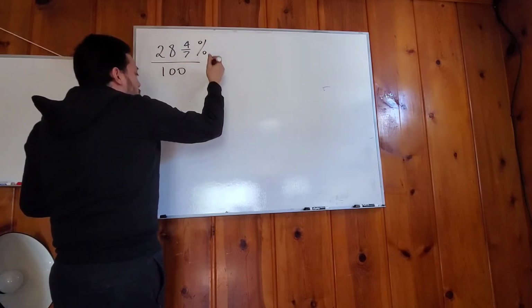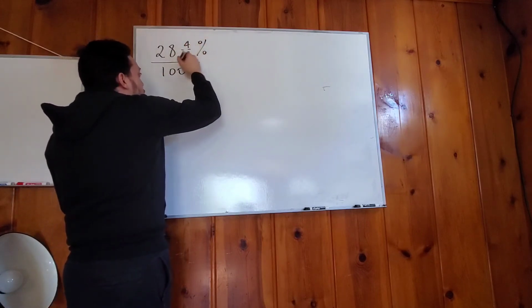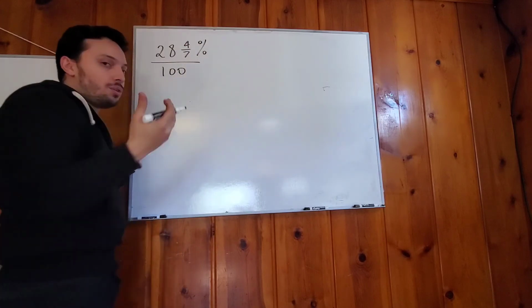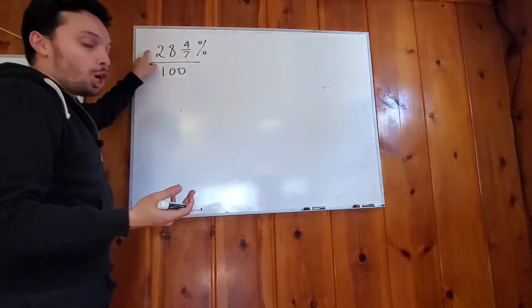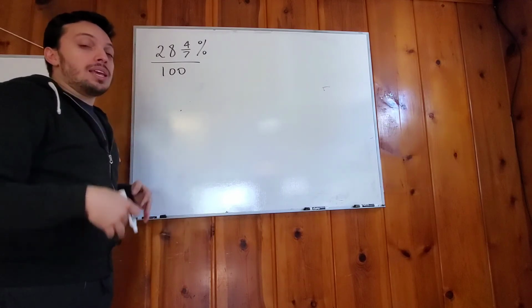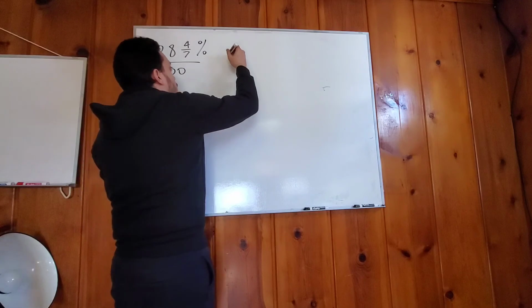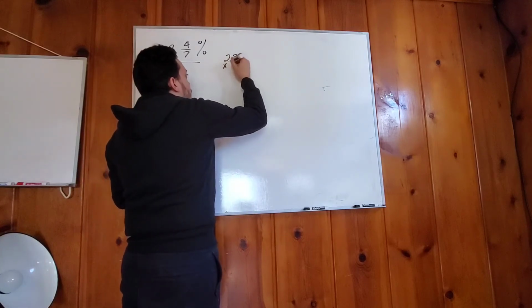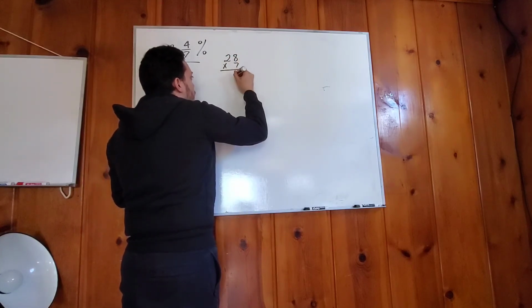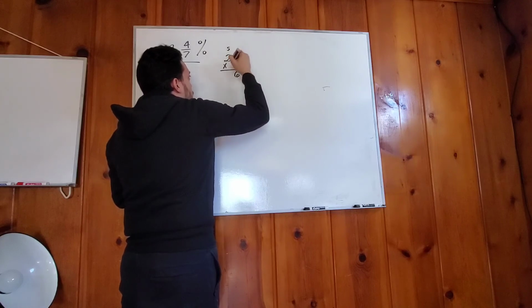That makes it 28 4/7 over 100. And so what you need to do, first of all, is make the top one into an improper fraction, right? So 28 times 7 plus 4. 8 times 7 is 56, 5 goes up. 2 times 7 is 14 plus 5 is 19.